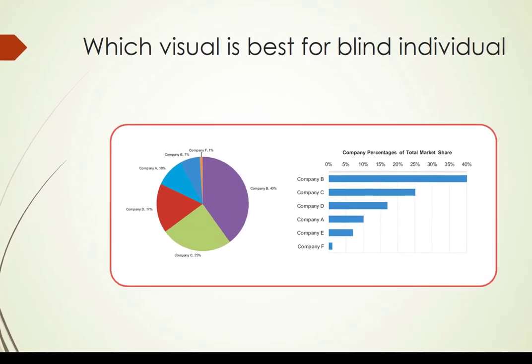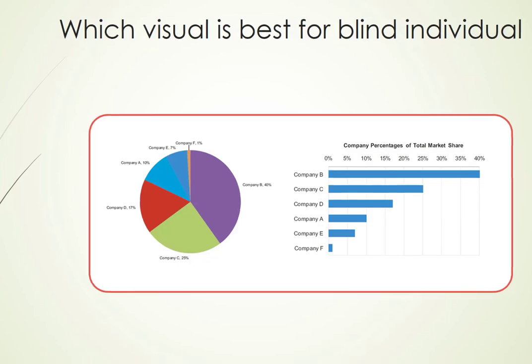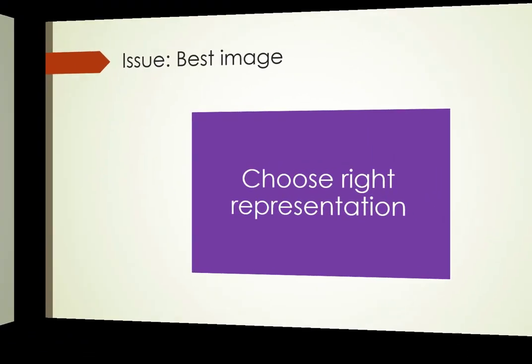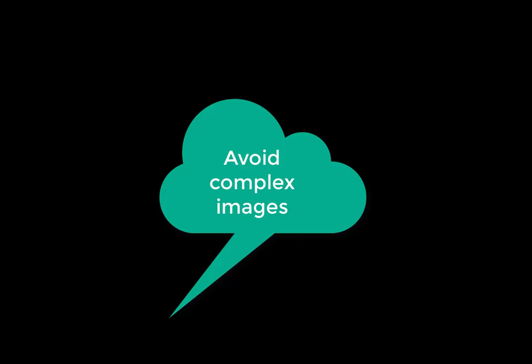When you have a choice between bar graphs and pie charts, you should always choose bar graphs. They're much more readily available to someone who's visually impaired. So choose the right representation of data. And also don't use images that are too complicated.